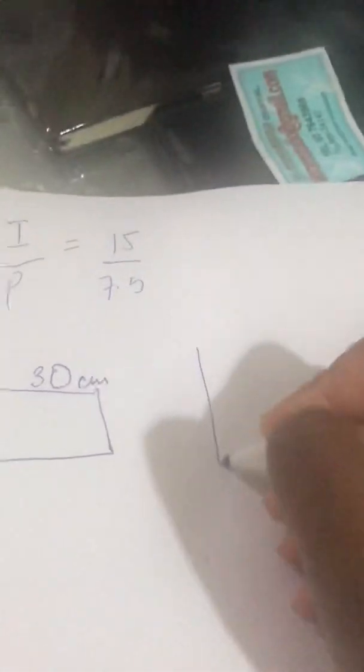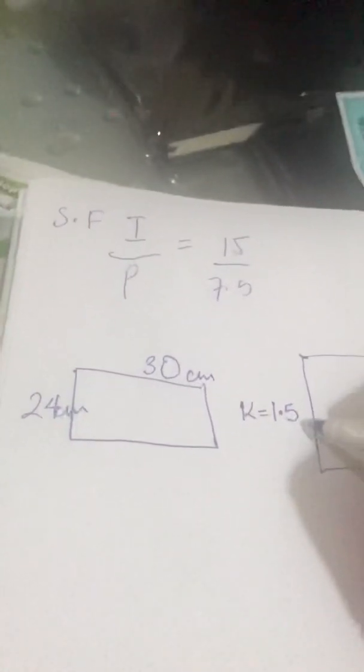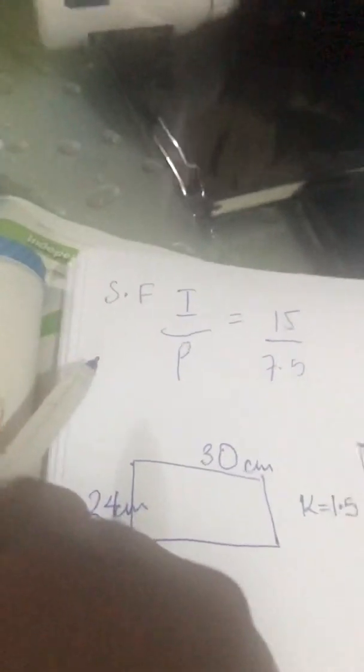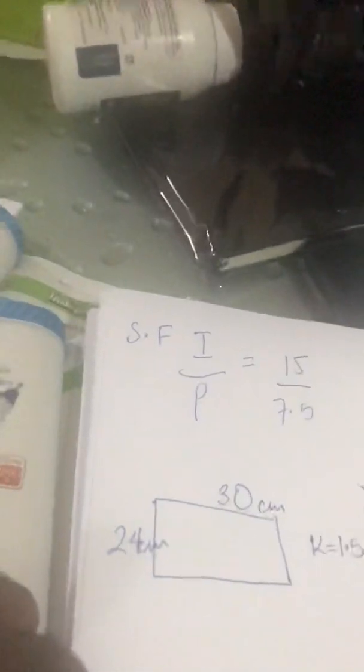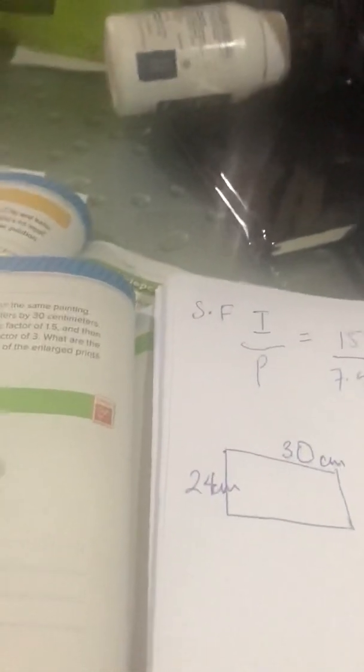So now I'm going to draw a bigger one because it says enlarges. By a scale factor of 1.5. So K is 1.5, or 1 and 5/10. And then it enlarges the second image by a scale factor of 3. So that means I have a bigger one. K here is 3.